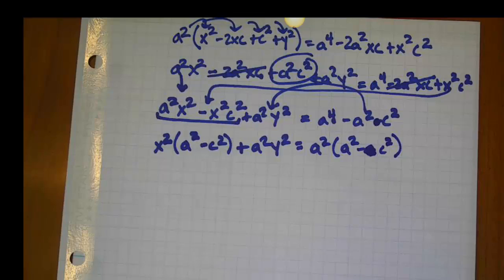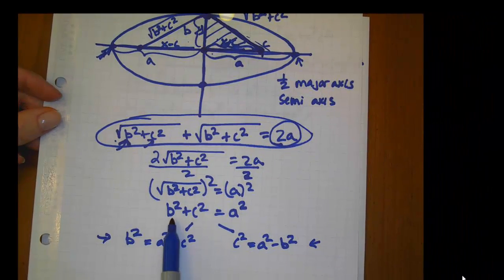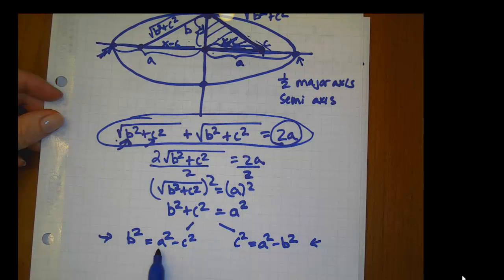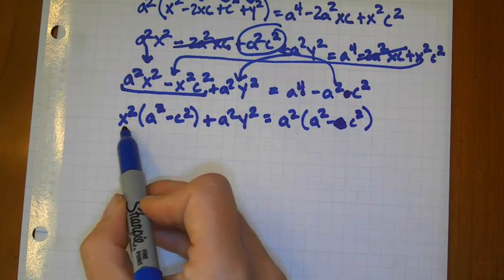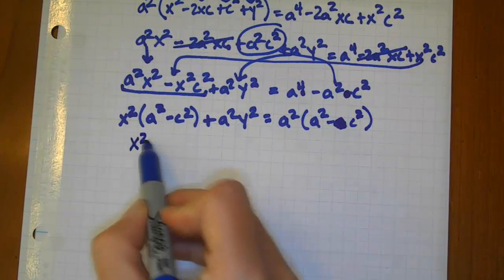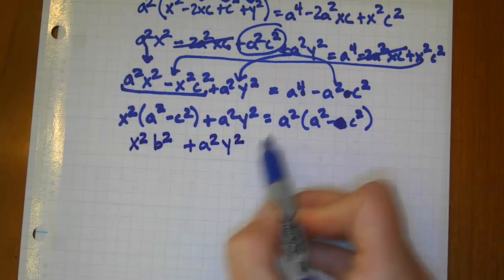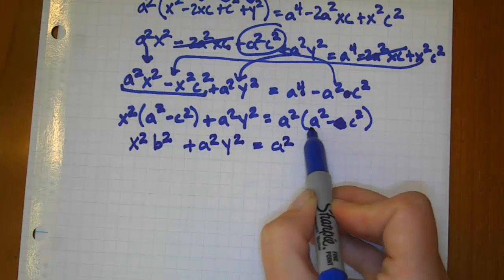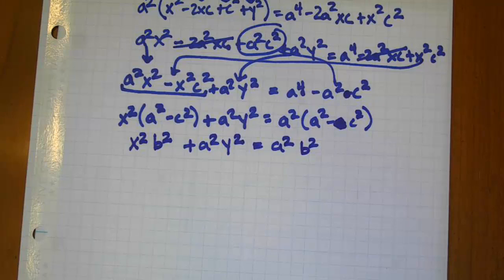And let's go back. From the previous work, remember how I told you we might need different forms? Well, b squared can be substituted in for a squared minus c squared. So this right here is equal to x squared b squared. And I can substitute in b squared for a squared minus c squared.